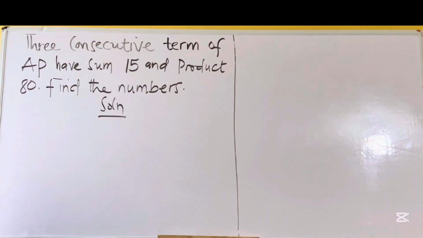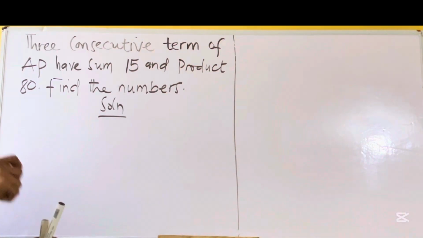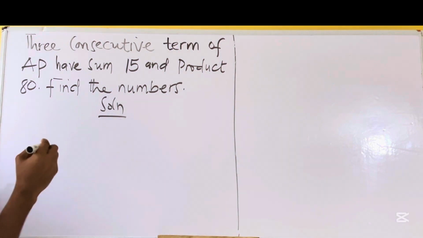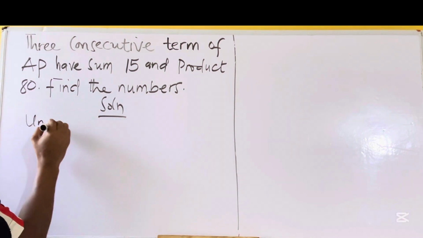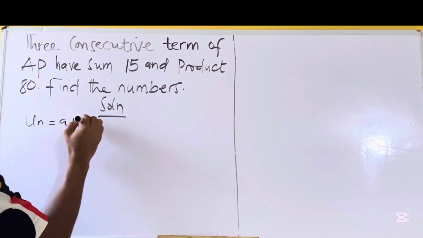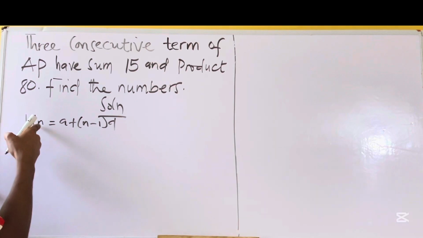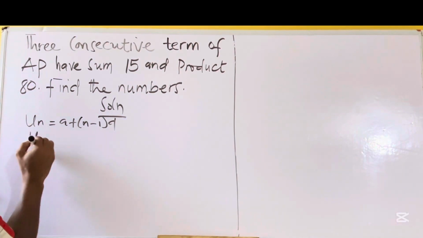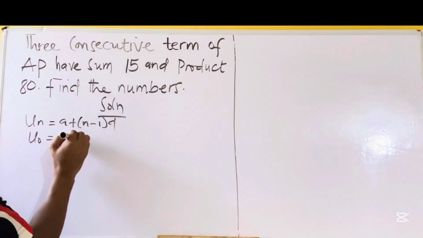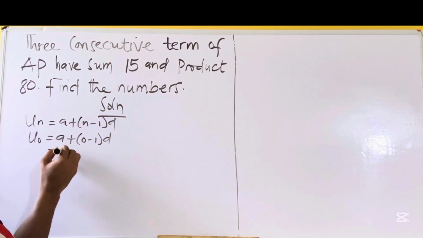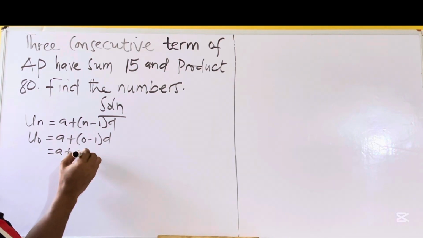Now let's take our first term to be a minus d. We know the formula for the arithmetic progression: un is equal to a plus n minus 1 d. So let's first make n here to be 0. So u0 we get a plus 0 minus 1 d, which gives a plus negative d.